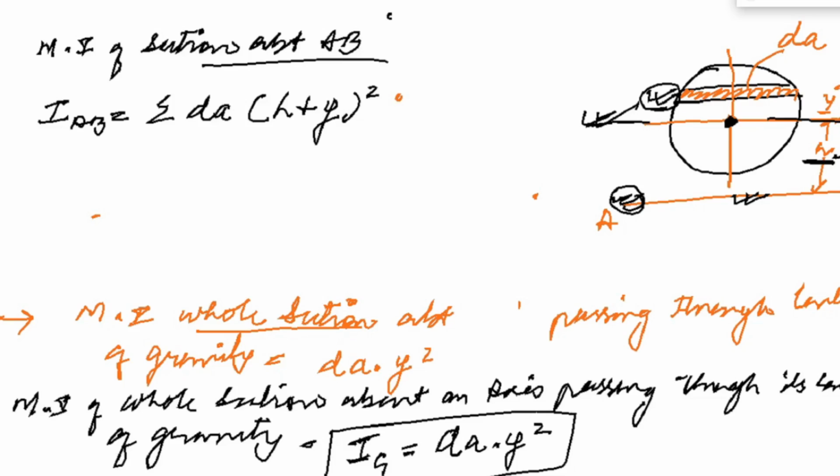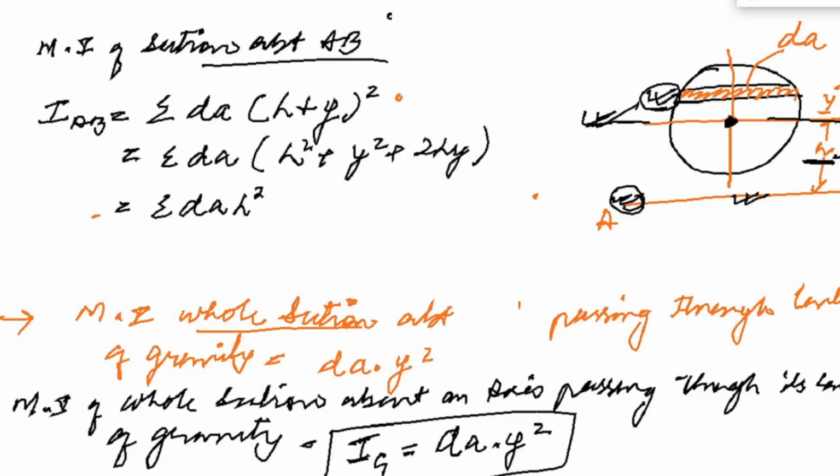Therefore, I can simply write it as dA times h plus y whole square, which gives me h square plus y square plus twice hy, which is equal to summation of dA into h square plus summation of dA y square plus summation of dA 2hy. Okay.